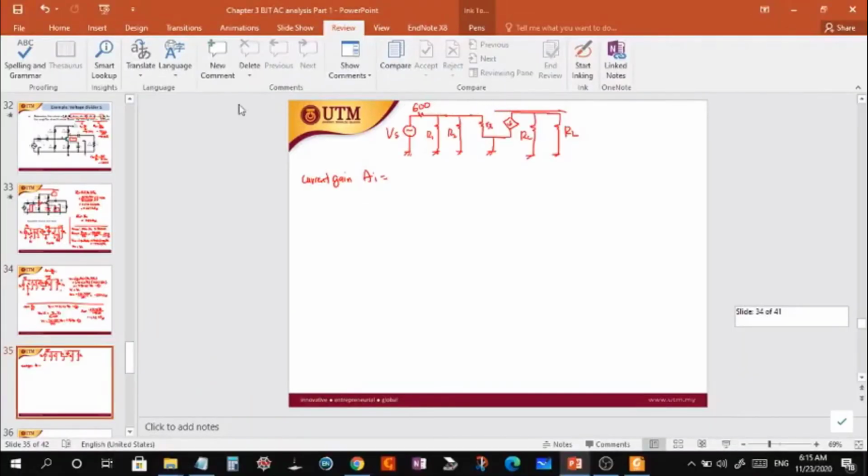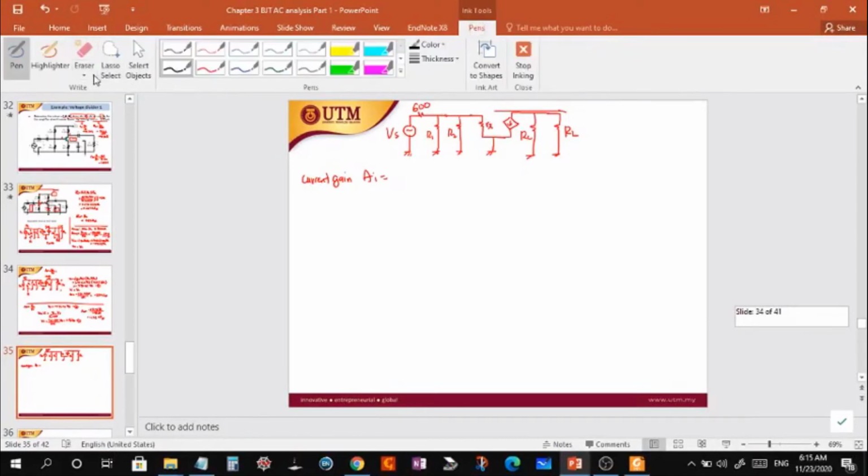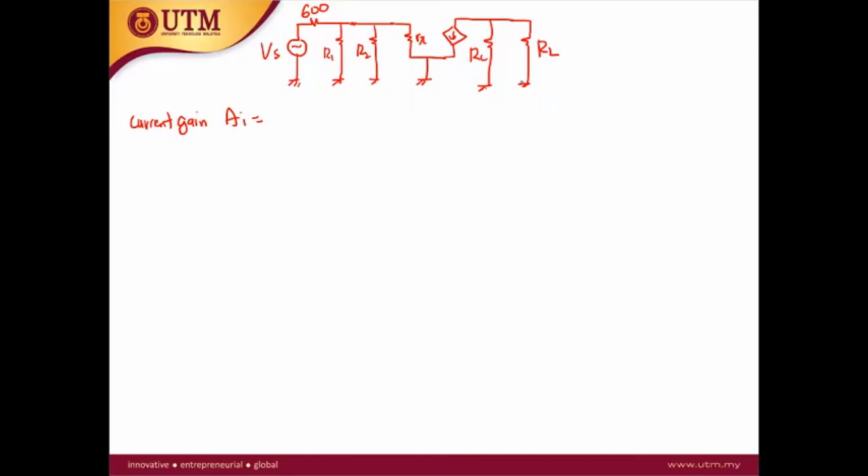So the output current is the current at the load. So this is IL, and the input current is II. So AI is defined by IL over II.